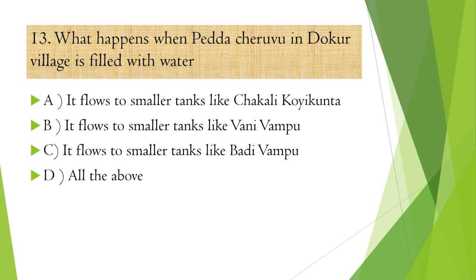So 13th question. What happens when Pedda Cheruvu in Dokur village is filled with water? We discussed it now. If the Devarakadra tank is filled, then it comes to the Pedda Cheruvu. If Pedda Cheruvu is filled, what happens? Then let us see the answer.